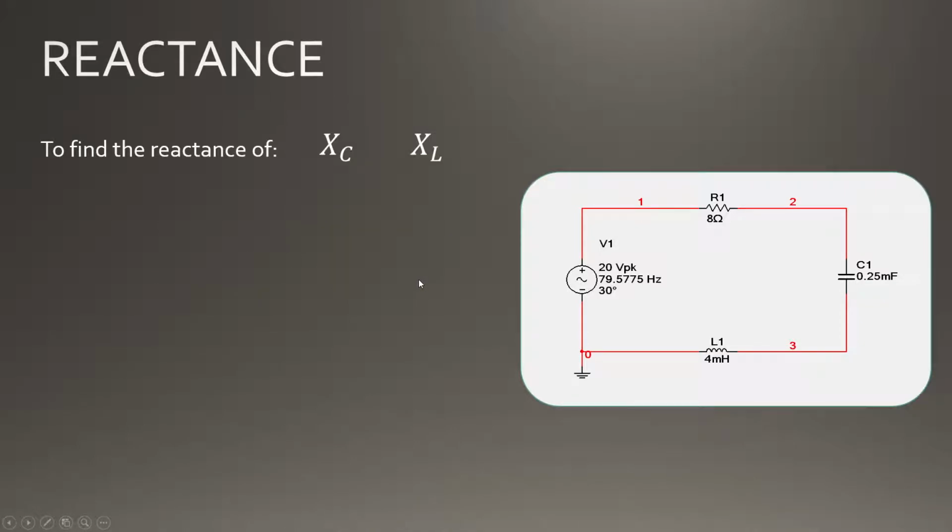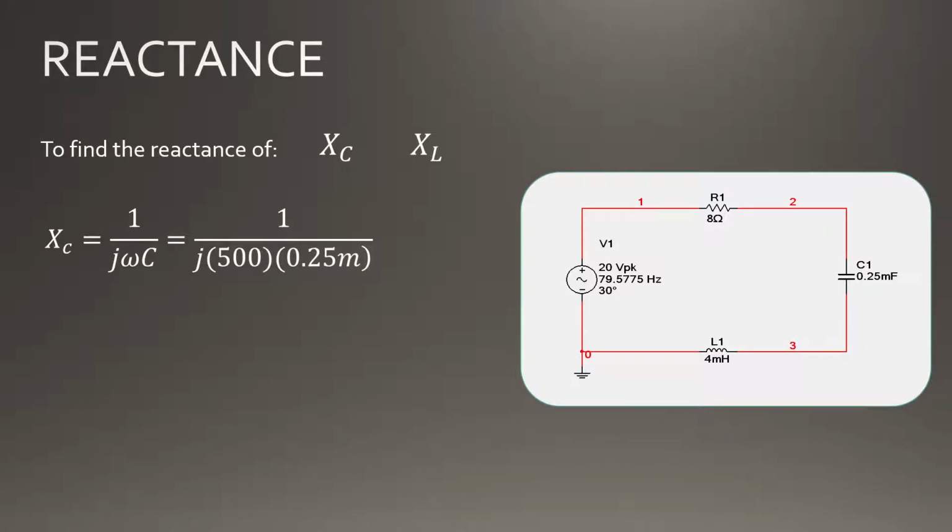Now we are going to find the reactance of the capacitor and inductor. To find the reactance of the capacitor, Xc is equal to 1 upon j omega C, and the value will become 1 upon j 500 times 0.25 milli, which is minus j8. The minus sign shows the negative phase, and the negative value means it is the reactance of a capacitor.